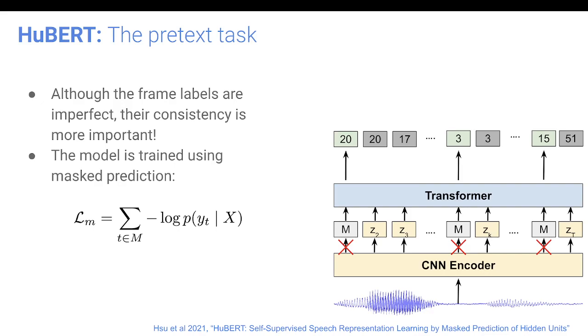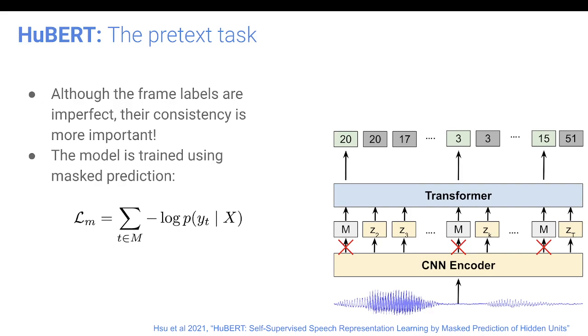In the paper, it was shown that if you try to predict every single output given the audio input, as if it's just a frame-level loss function in a supervised ASR, treating these k-means labels as actual gold standard labels and trying to predict all of them, you do not learn good representations, because the model just learns an acoustic model, how to map the input to some output label.